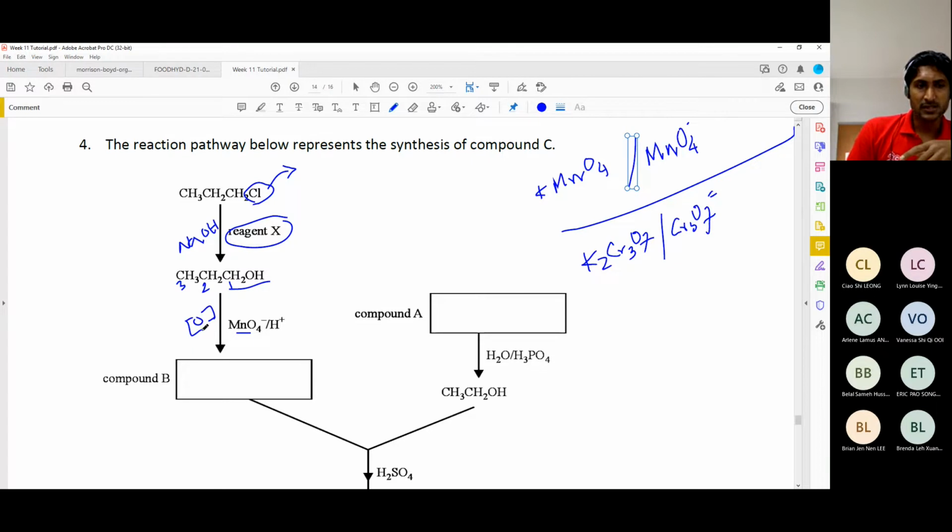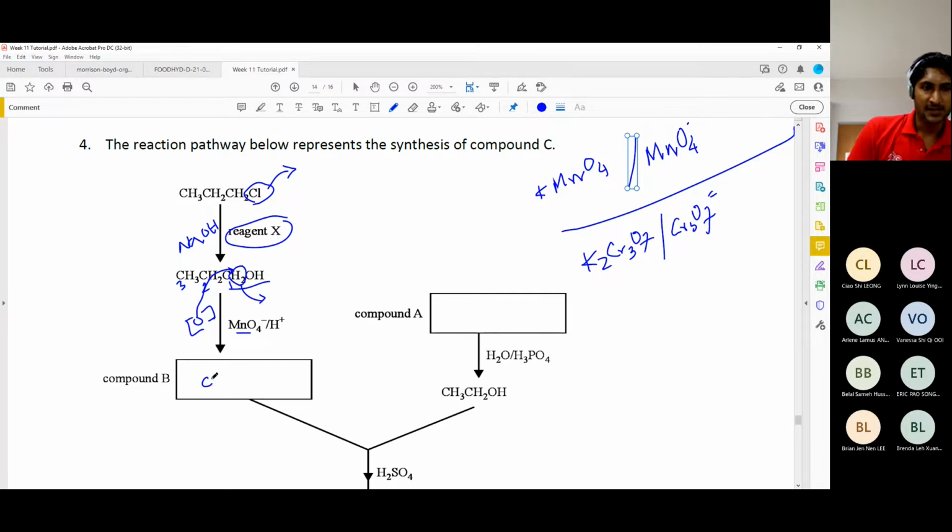In short, we just put the O in square brackets. That means the oxidation reaction is going on here. If there is this oxidation reaction, then these two hydrogens will be replaced by oxygen here.